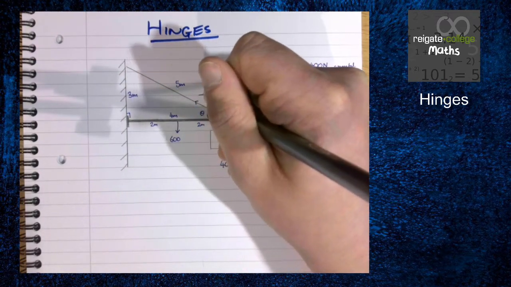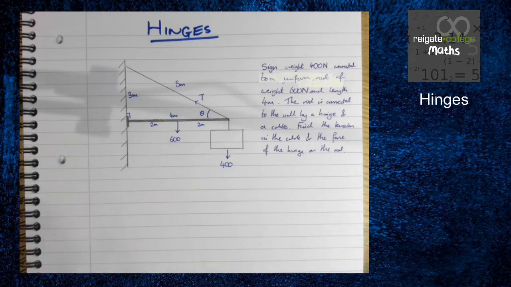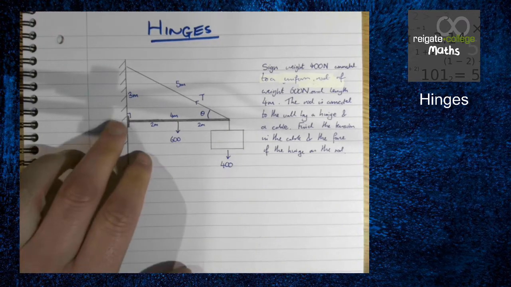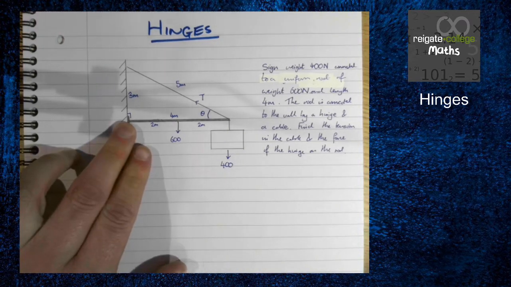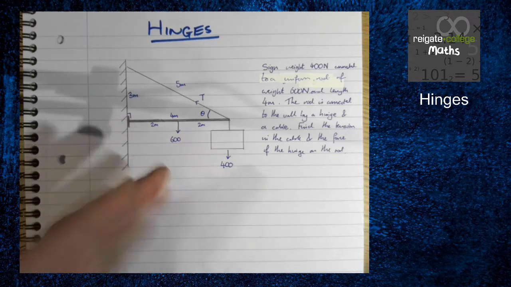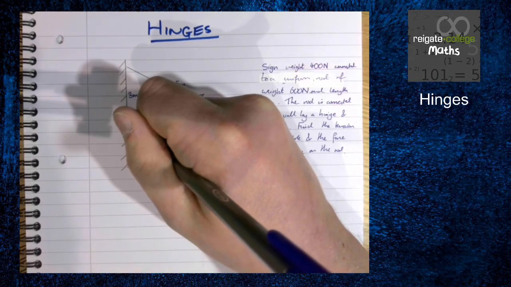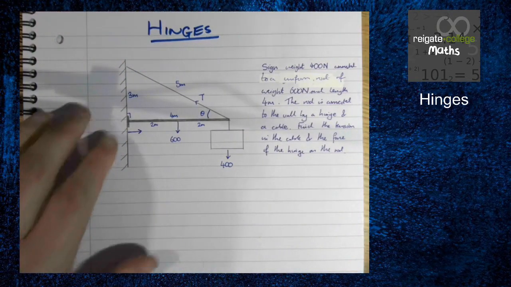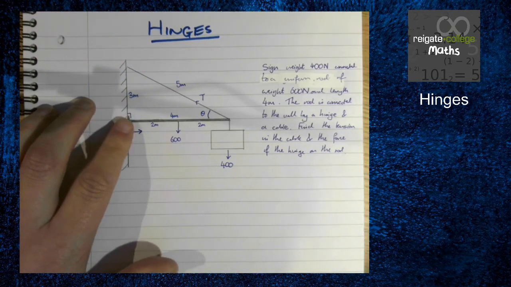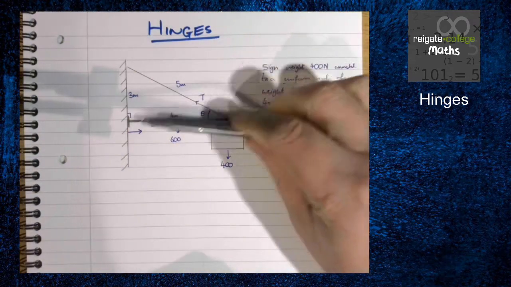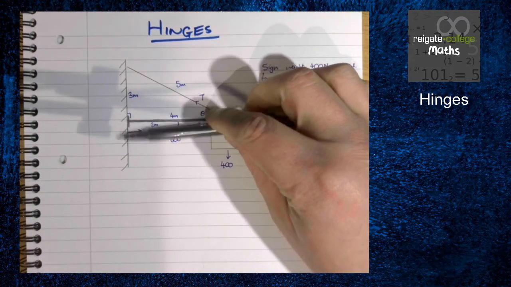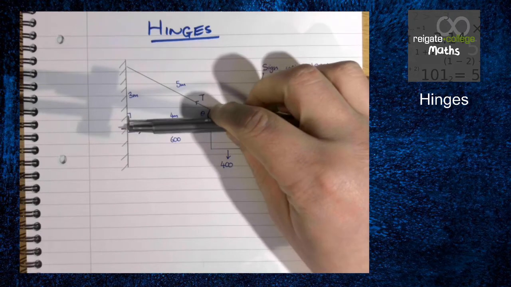And we know that there is some tension here. Labeling the forces is all well and good, but this is the bit that students typically find very difficult about hinges. A lot of people will say the reaction force is definitely going this way. But the problem is, if this wasn't fixed, this end would want to slip one way or the other, so we would have a friction.